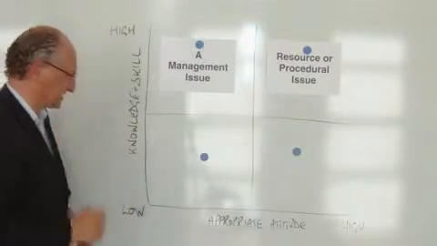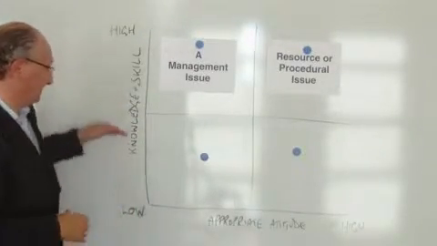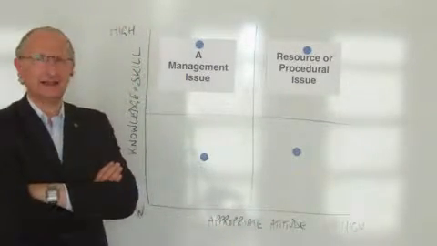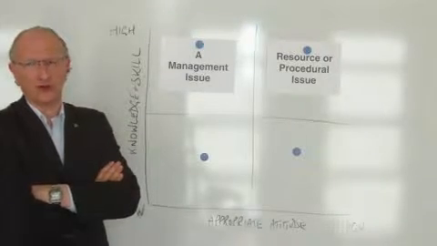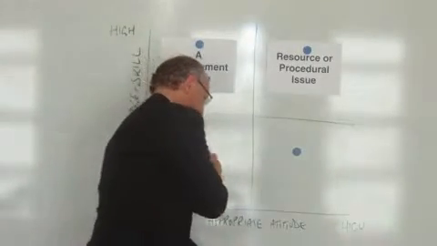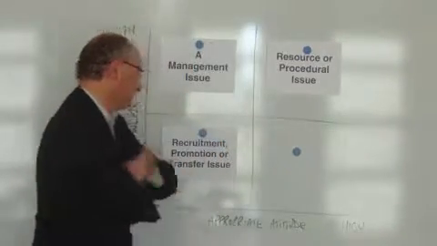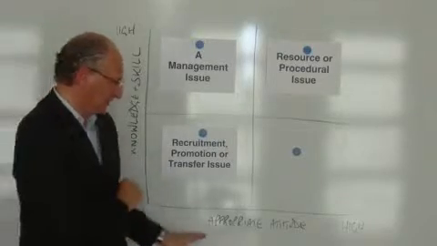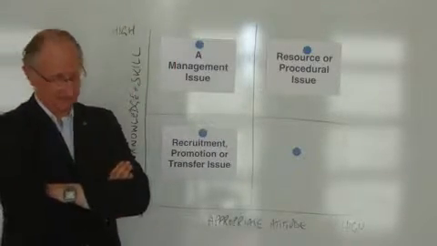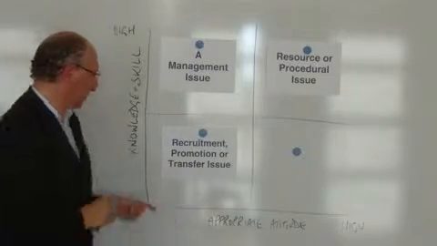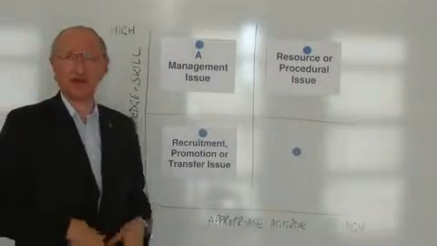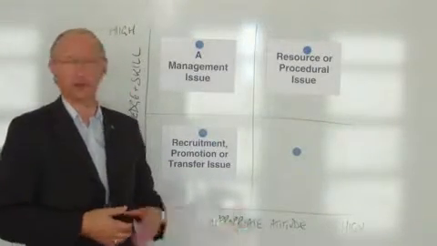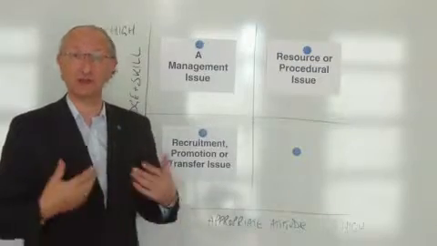So this person has been promoted to a job and they don't have the knowledge, they don't have the appropriate attitude, and clearly there may well be a role for training there, but the real issue is, how come we recruited them or promoted them or transferred them in when there is this issue about attitude that's present? Because with all the will in the world, somebody might have all the knowledge and skill, but if it's not backed up and supported by an appropriate attitude, it's never going to be applied.